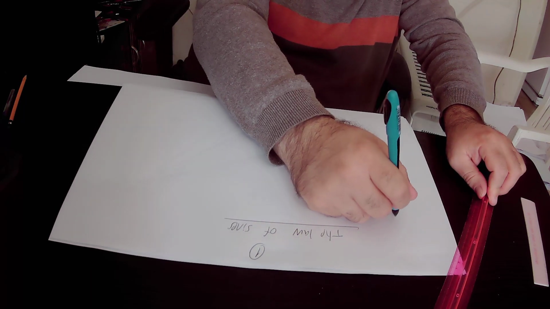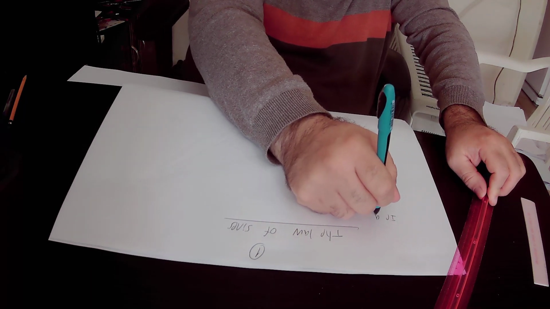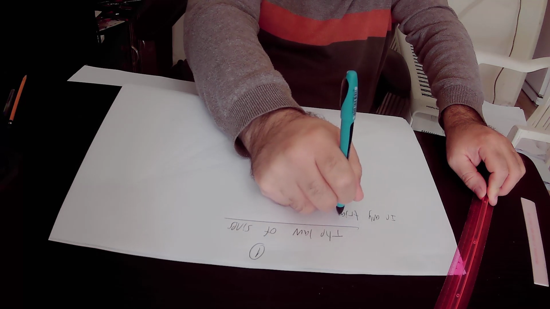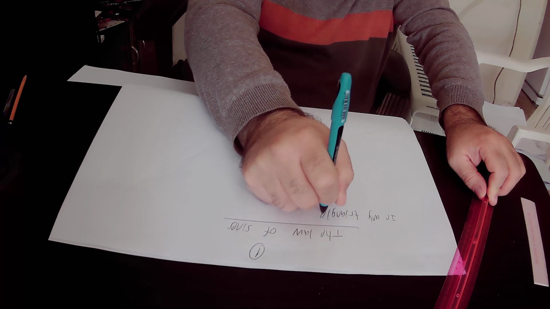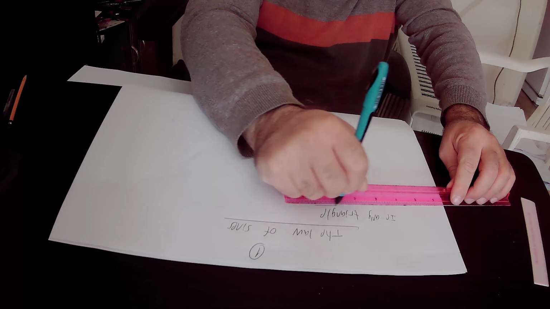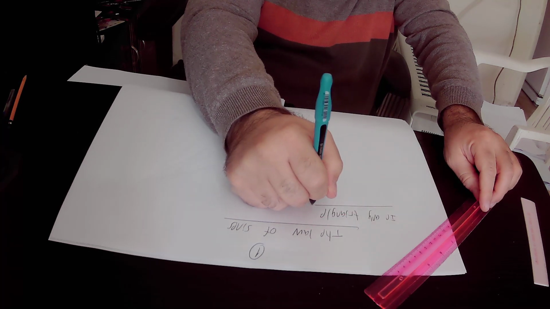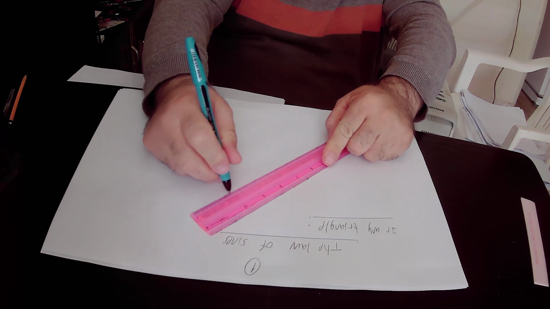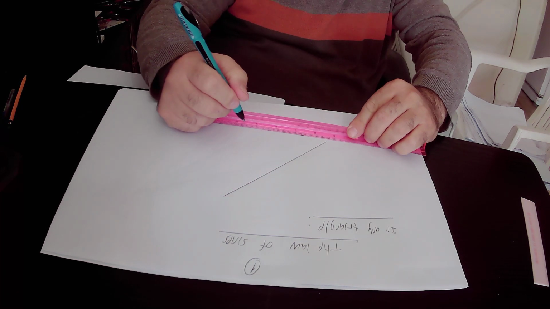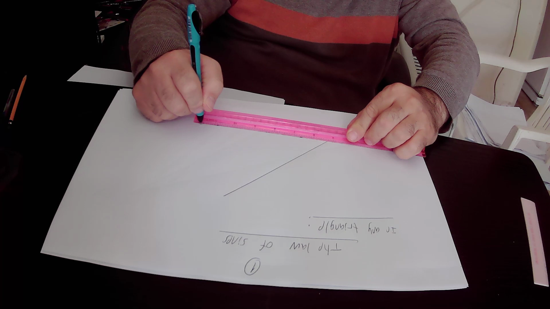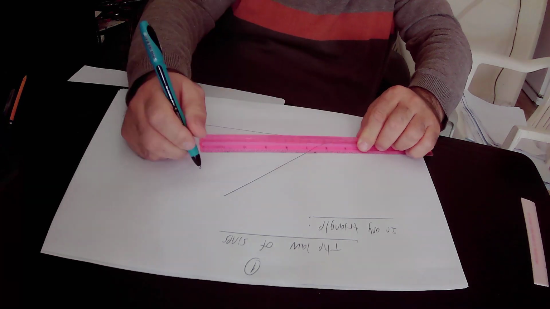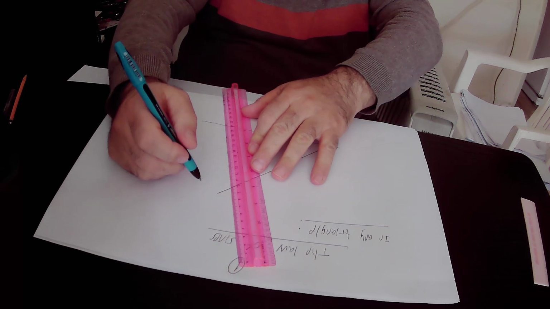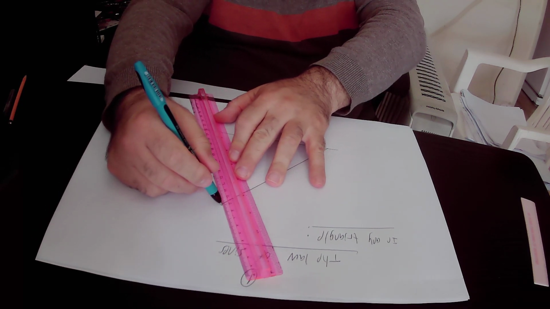So in any triangle, if we have triangle ABC, that could be any triangle. So this is triangle ABC.